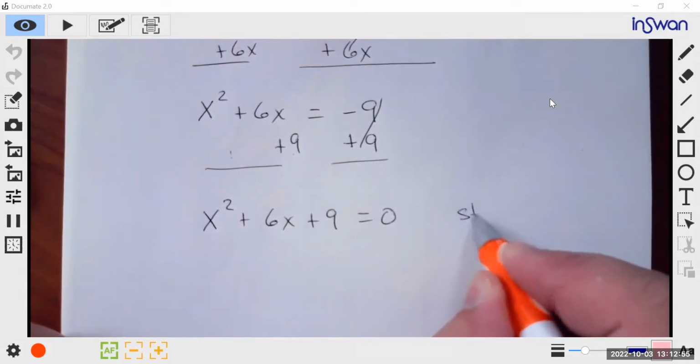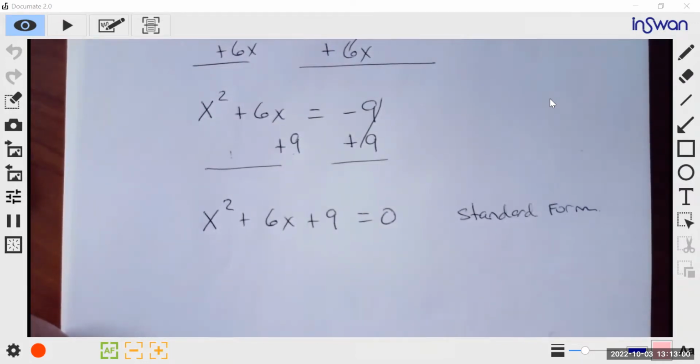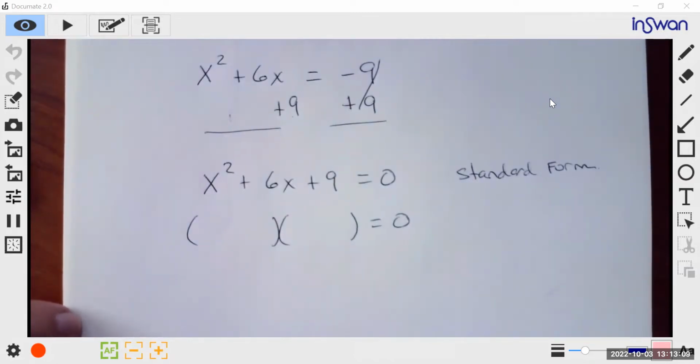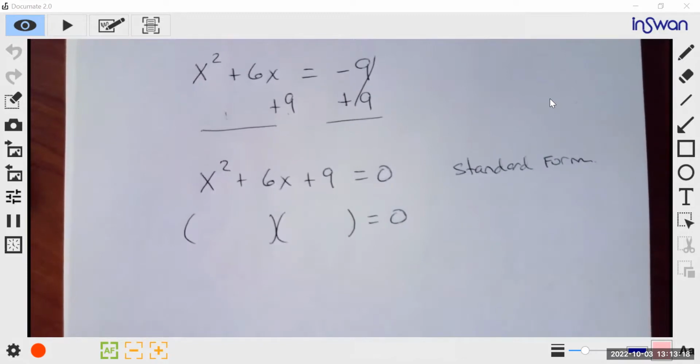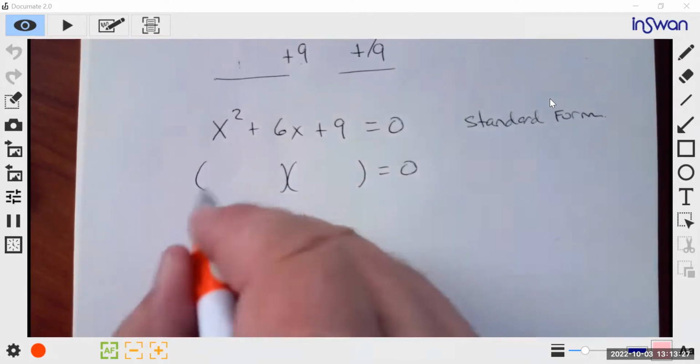Now we're in standard form. Now you can solve it. Let's try factoring it. So the x's go first.